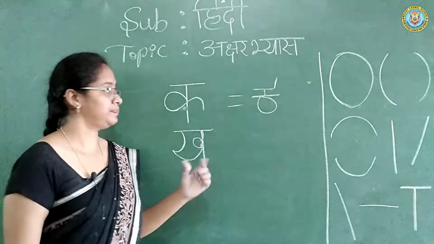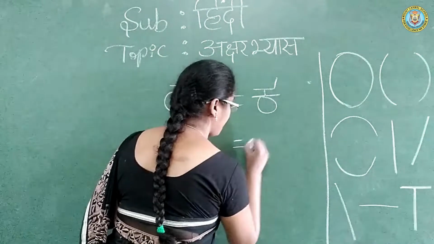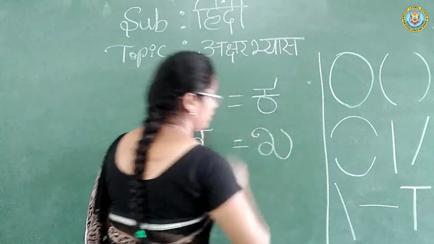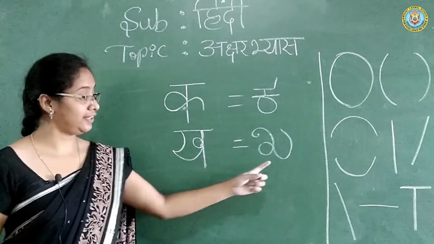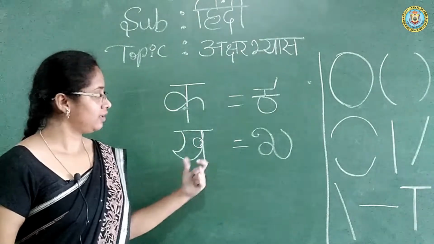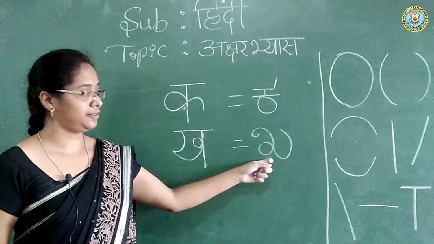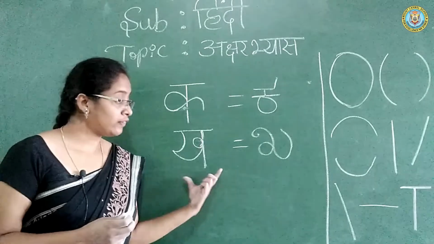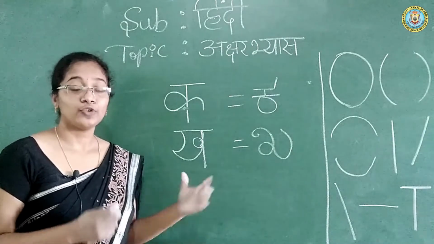Kha. In Kannada, Kha. Here, Kha. Ka, Kha. Okay? After this Kha, which letter comes?